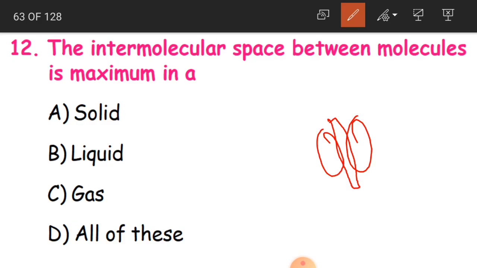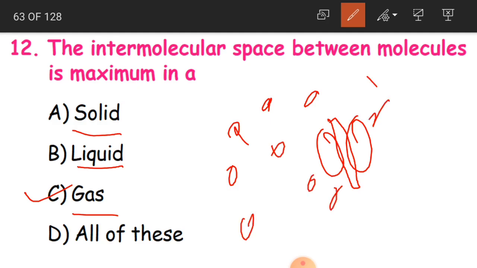In which state, whether solid, liquid, gas, or all of these? And the answer is gas. Now, as we said, in the gaseous form, what happens? The molecules are going to move very freely. They are not going to be in contact or closer to the other molecules.